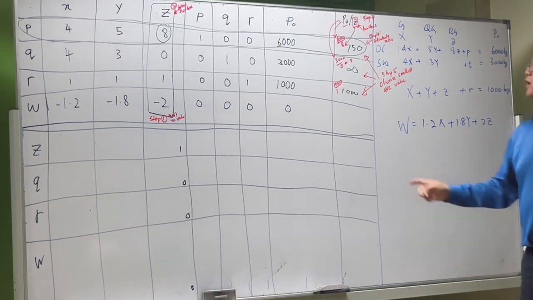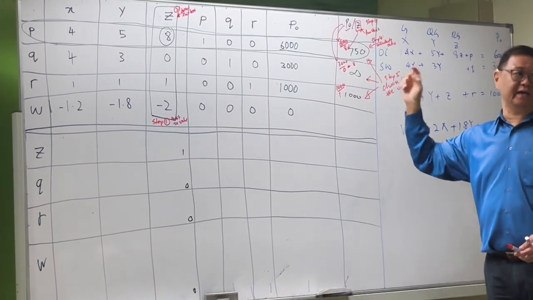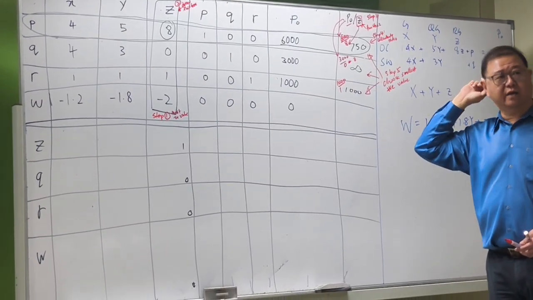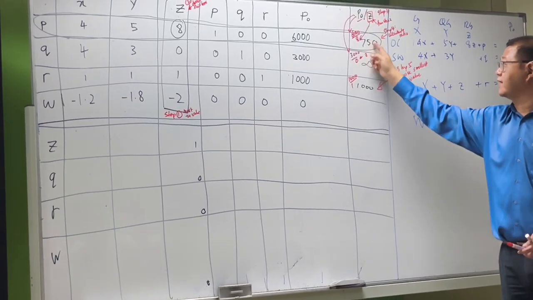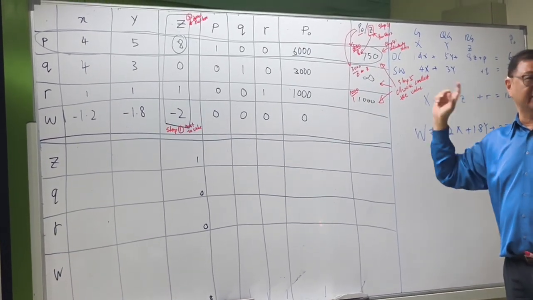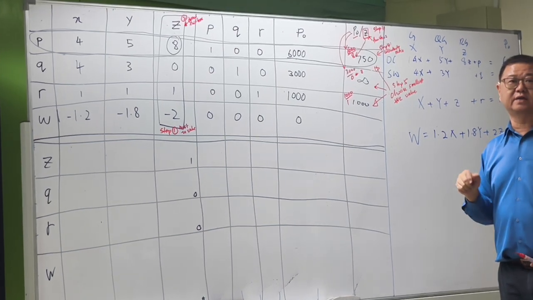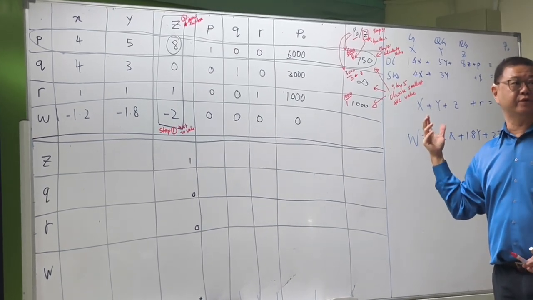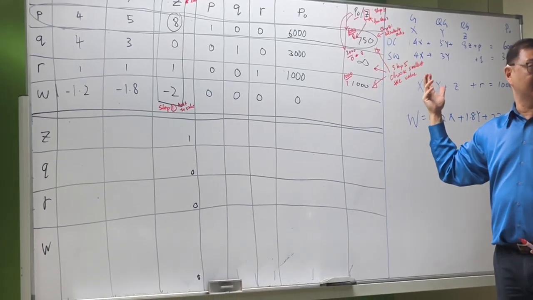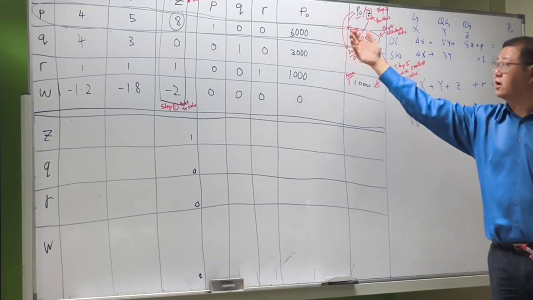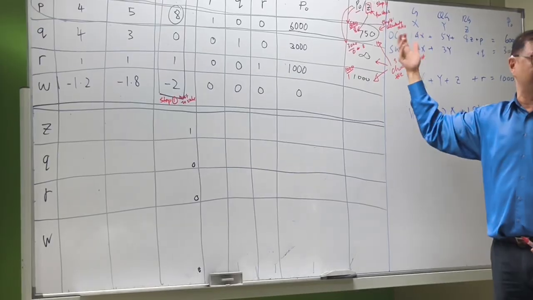Ignore infinity, ignore 0, ignore negative values. Here you have only two positive values. Which one is smaller? 750 is smaller. That's the most you can produce, if you use up all the resources. The most you can produce is 750 units.